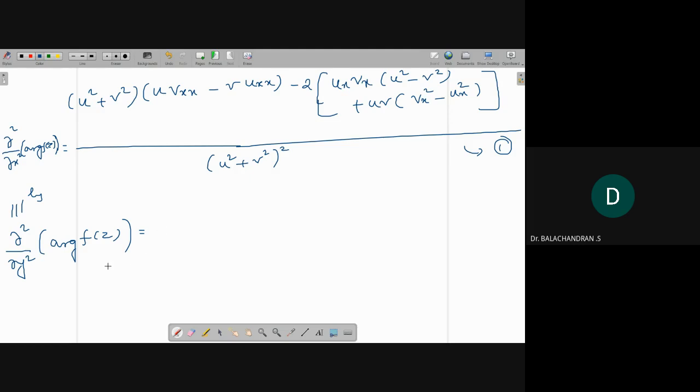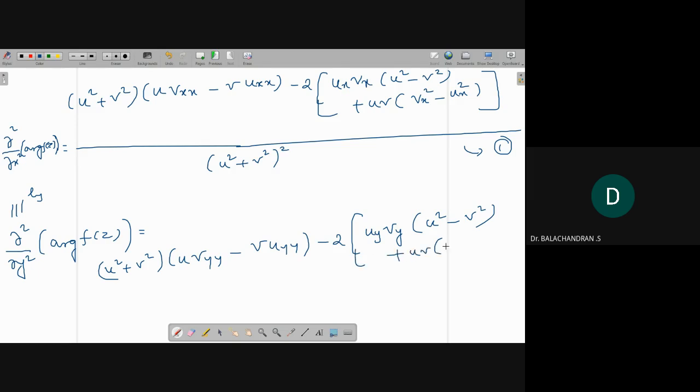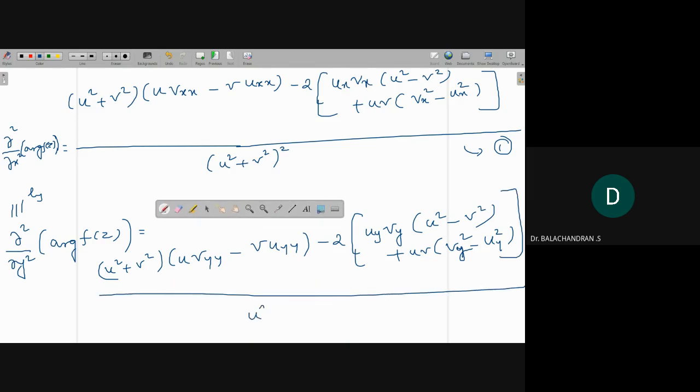So I will write here u square plus v square into u v y y minus v into u y y minus 2 into u y into v y into u square minus v square plus u v into v y square minus u y square, whole divided by u square plus v square whole square.